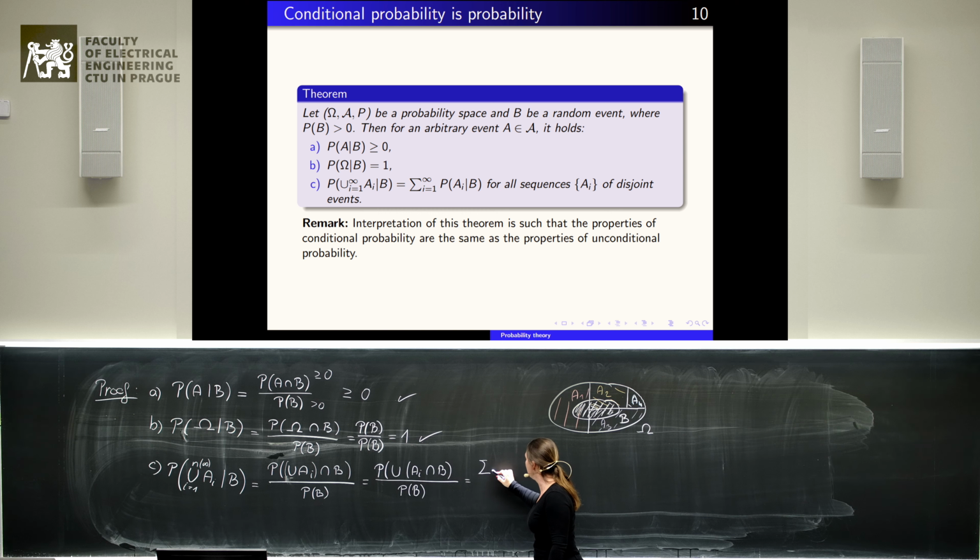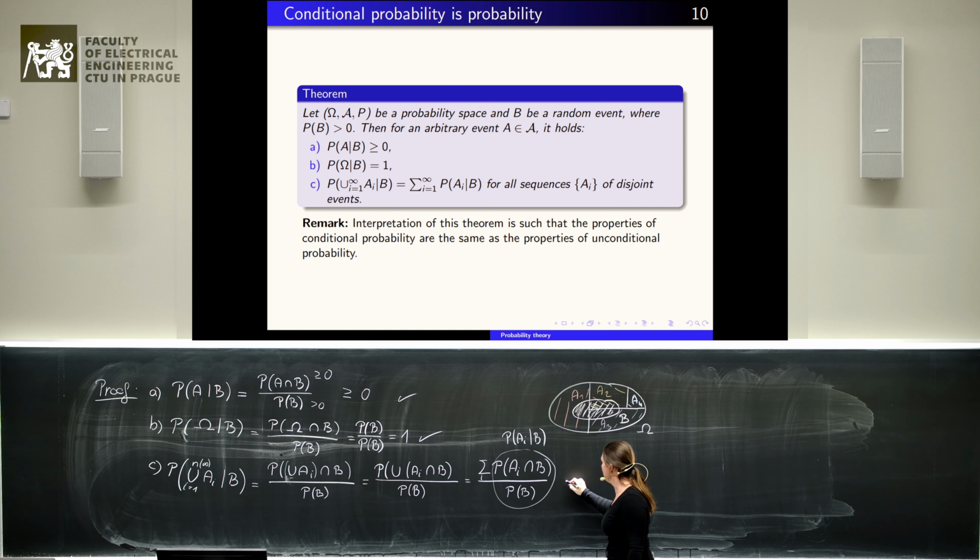So it is the sum over i of probabilities of A_i intersected with B over the probability of B. But this ratio is nothing other than the probability of A_i conditionally on B. So it is really the sum of probabilities of A_i conditionally on B, and that's what should have been proved.